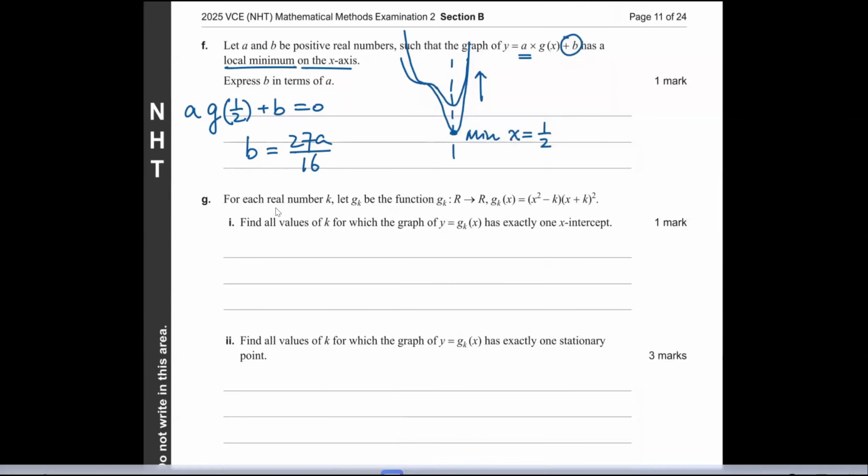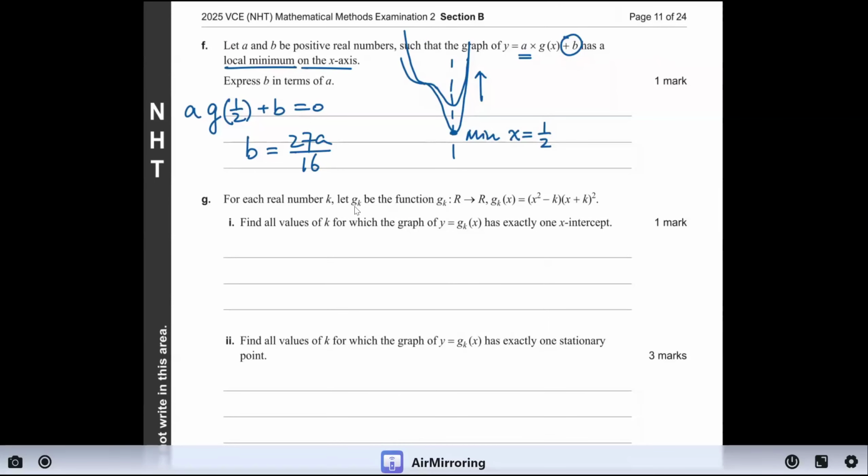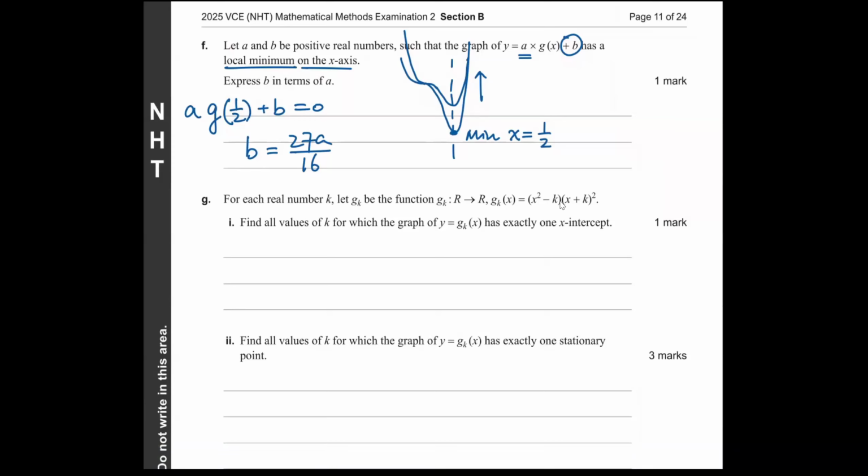Part g. For each real number k, let g_k be the function g_k of x equals x squared minus k times x plus k squared. Find all values of k for which the graph of g_k of x has exactly one x-intercept.